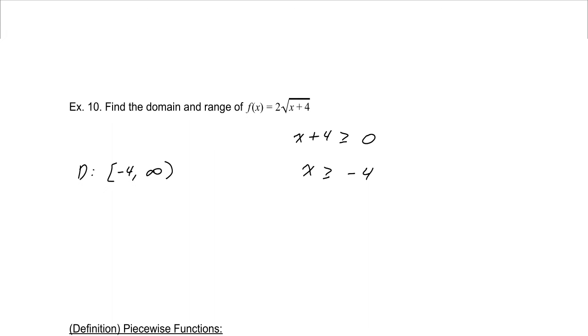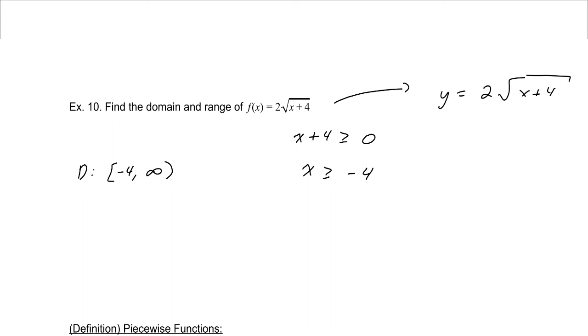Right, now our outputs, our ranges, that's going to be a little tougher. So let's go ahead and solve this. Y equals 2 square root of x plus 4.